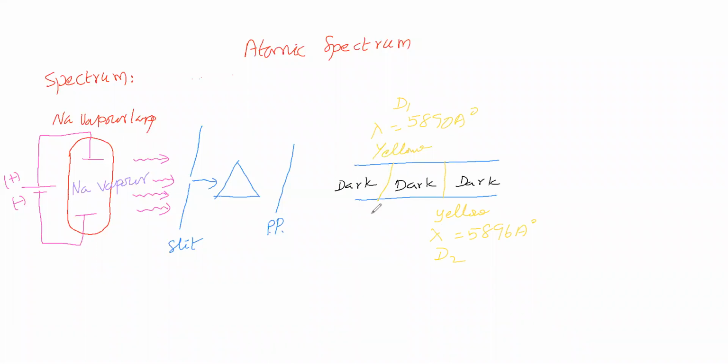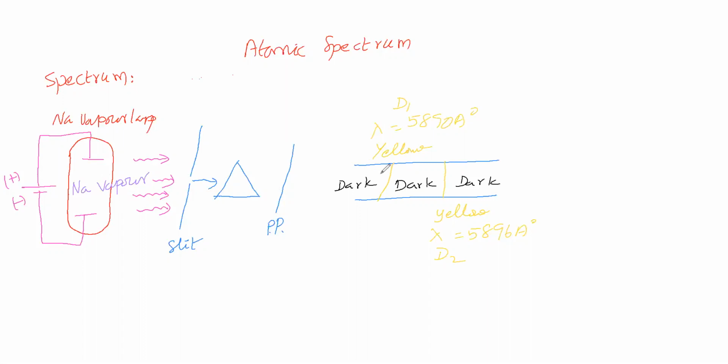Now, it is called a spectrum. Which is the source for this spectrum? Due to which we got this spectrum? Which one gives this spectrum?